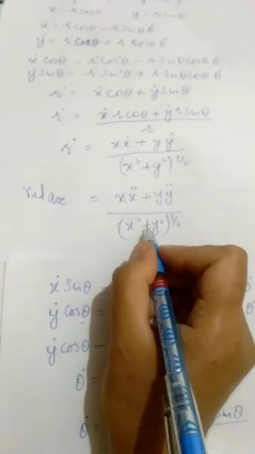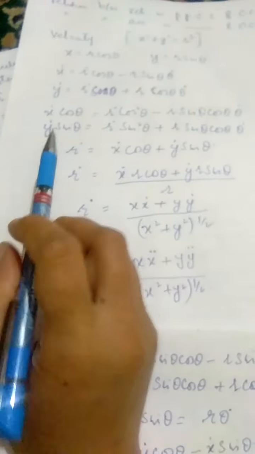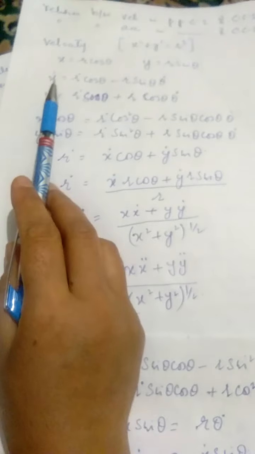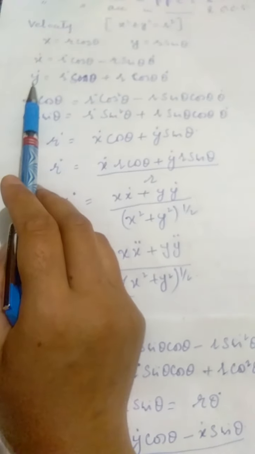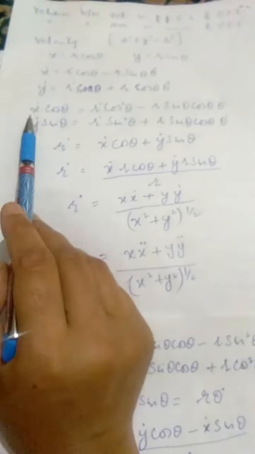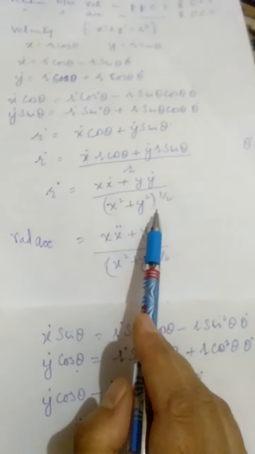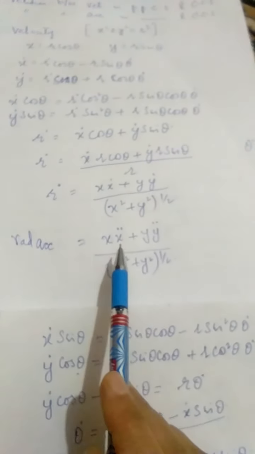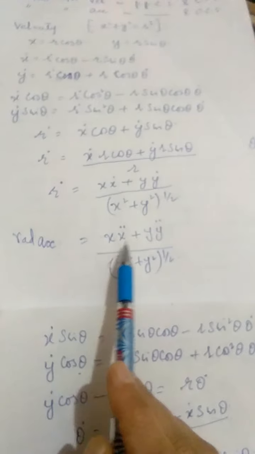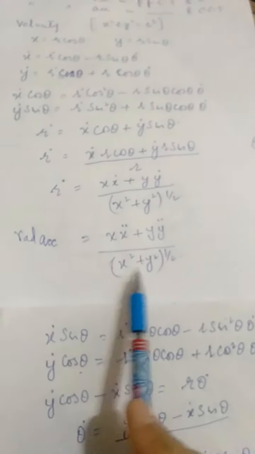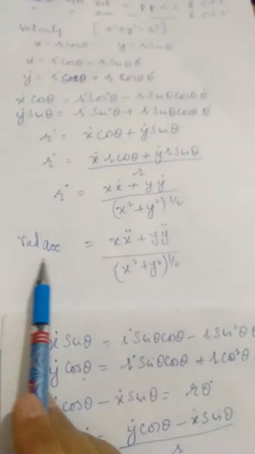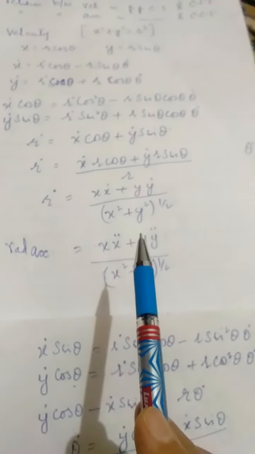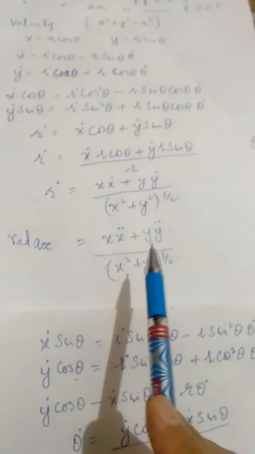The only thing that you have changed in the beginning is that you have taken a double derivative of x and y. So you have taken x double dot and y double dot. And then you have followed the same scheme of derivation. Therefore, in the end, you are only going to get x double dot plus y double dot divided by this much. And this will be the radial component of acceleration connected to the components of acceleration in the Cartesian coordinate system.